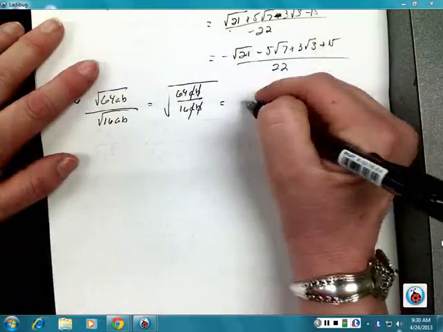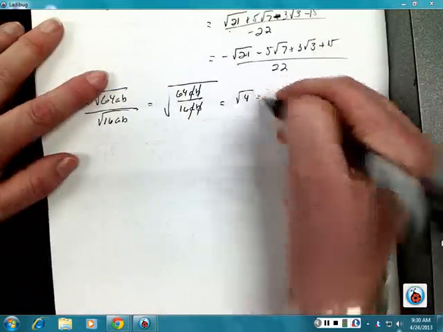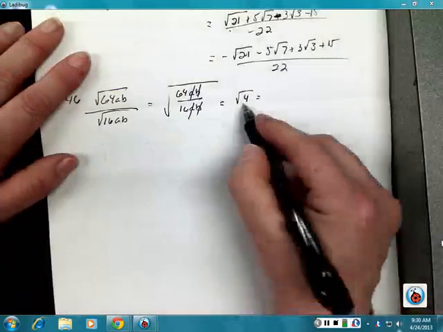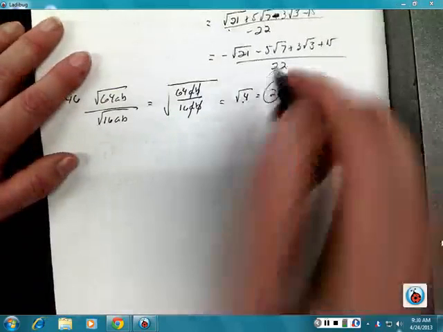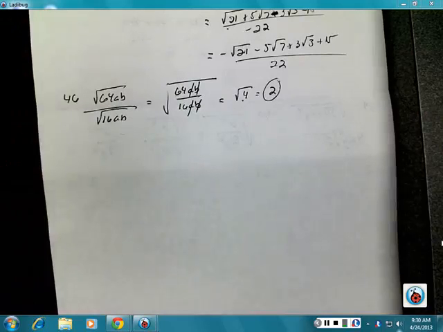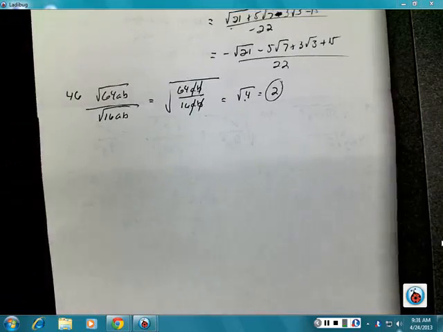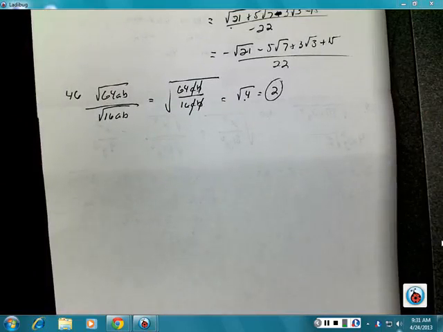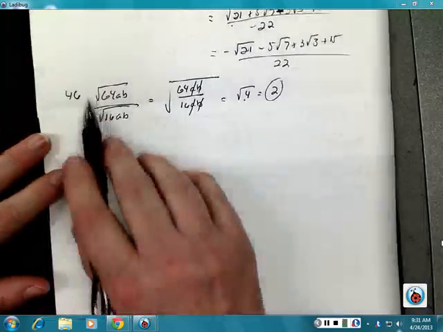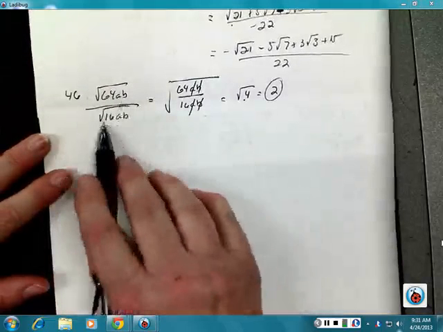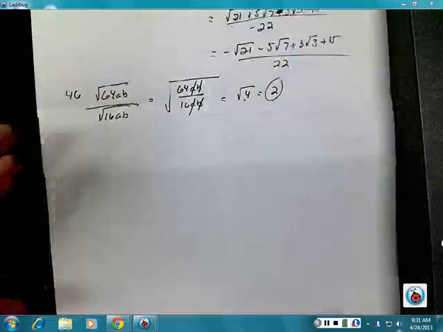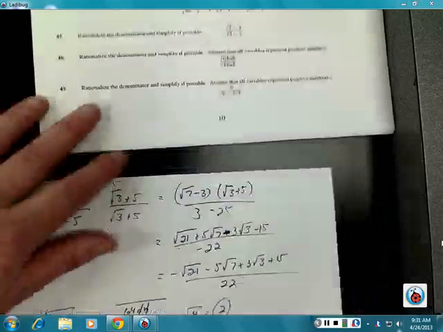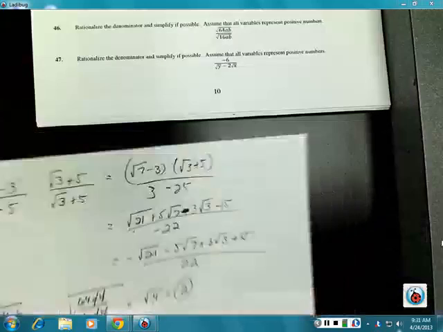A and B. Can I do anything with 64 and 16? Yeah. Just plain old 4 is what comes out of there. Yep. And then I got the square root of 4, and the square root of 4 is 2. And I'm all done. So I did some simplifying to make that work out correctly. But my rule of saying if I have two things that are dividing each other, put them under the same radical, cancel out the pieces that I can.